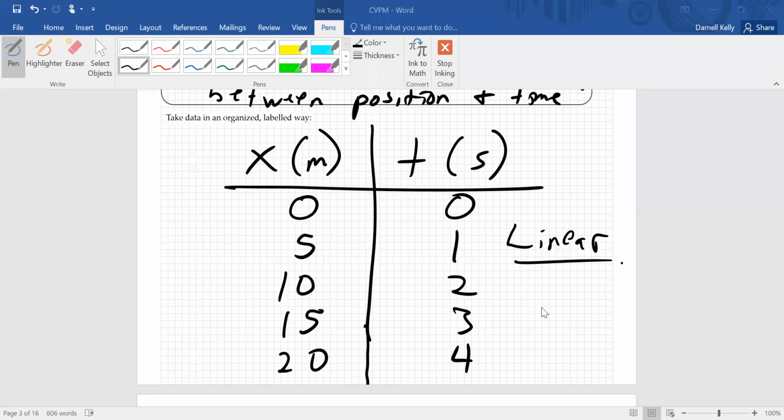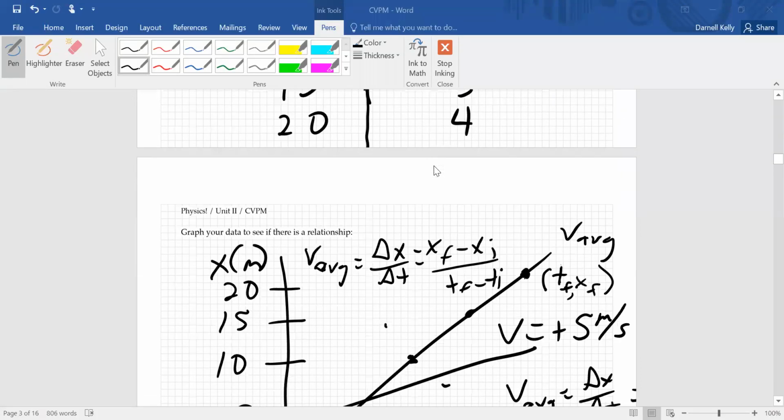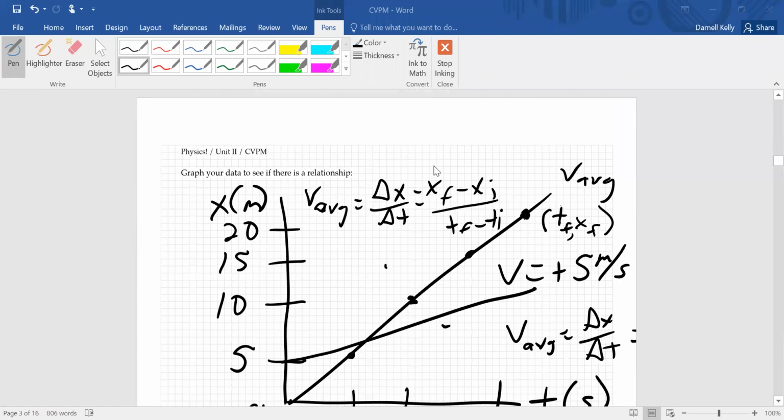And we've also talked about how the slope of a position time graph gives you the velocity. So whatever the slope of position time will be is your actual velocity of that particular object. So that's notes from last time where I detoured and said, okay, the slope of a position time graph is your velocity.